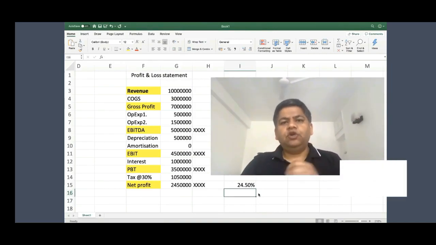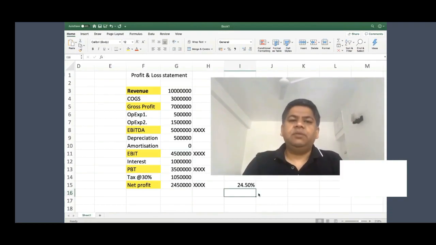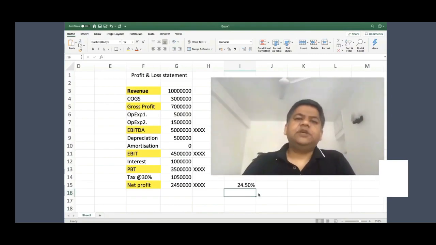However, a few concepts I ask you to remember and memorize. This is one of them: please remember this format. Don't ask me for this Excel sheet. Rather, make one yourself, then only will you remember how exactly a profit and loss statement should look, and what the sequencing should be, right?